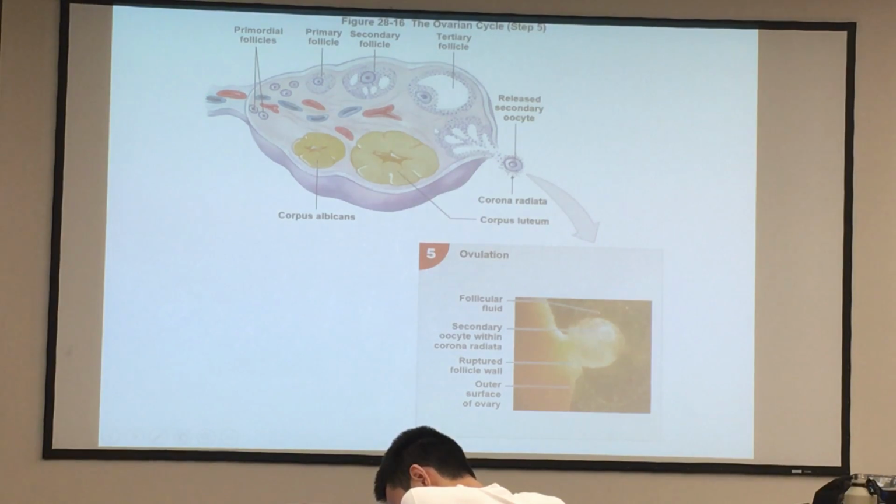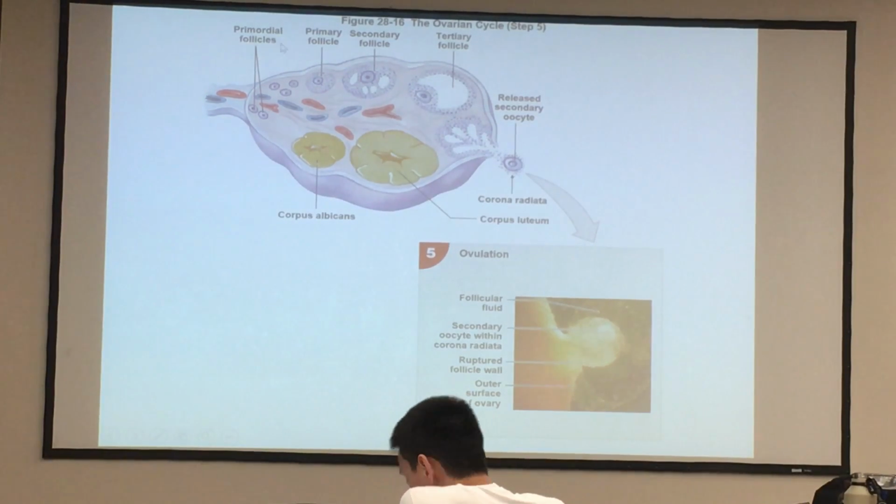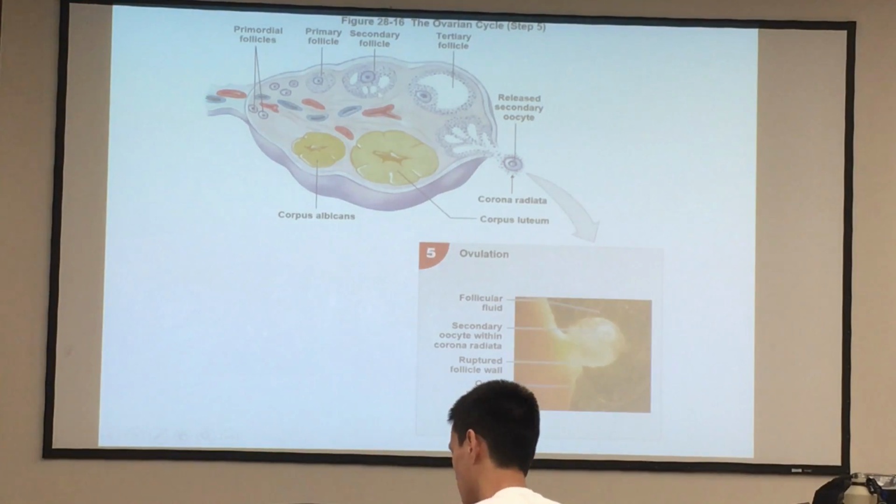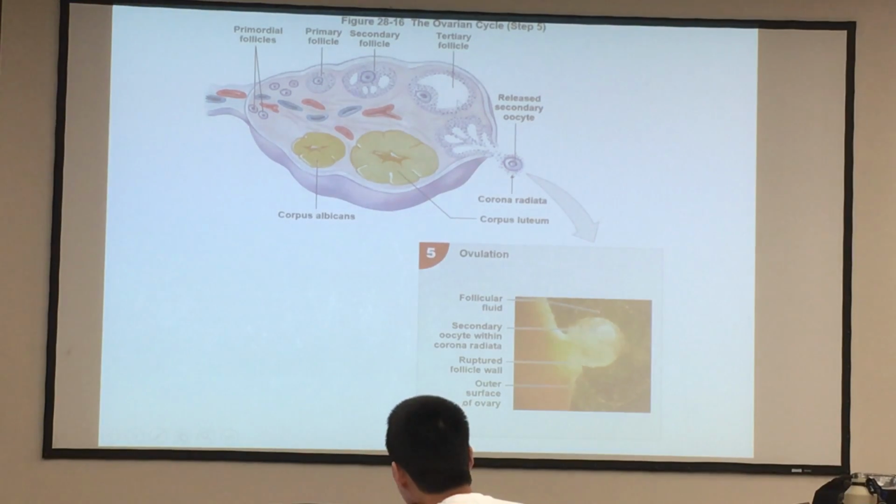And so we put everything together from primordial to primary to secondary, starting to form a cavity, and tertiary forms a big cavity, and then ovulate, and together with the nearby granulosa cells we call corona radiata.